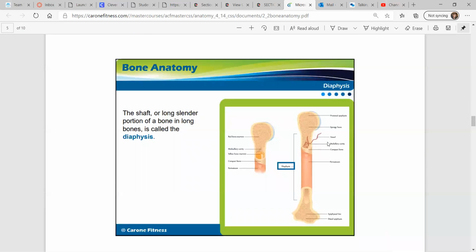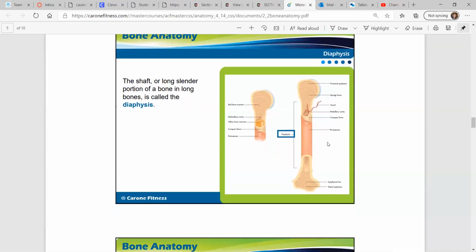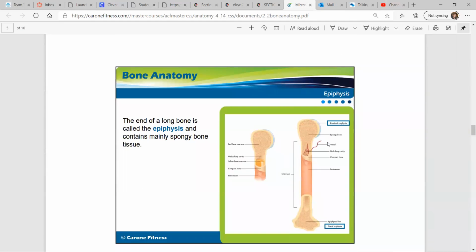The shaft or long, slender portion of a bone in long bones is called the diaphysis. The end of a long bone is called the epiphysis and contains mainly spongy bone tissue.